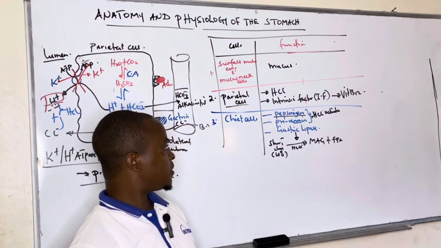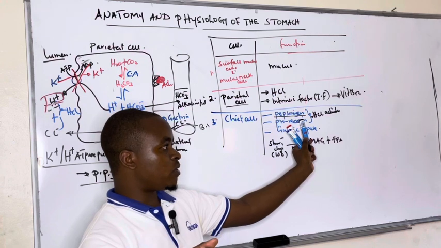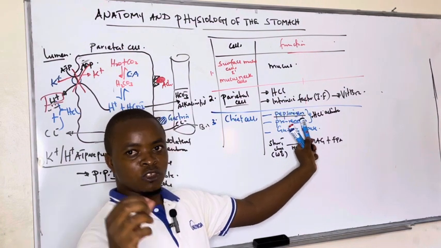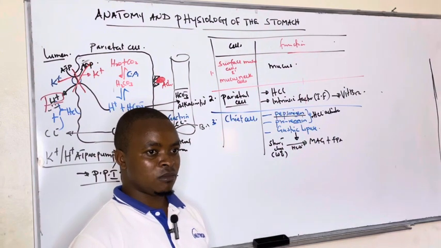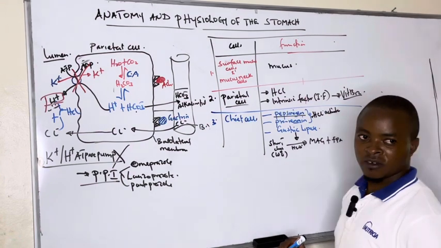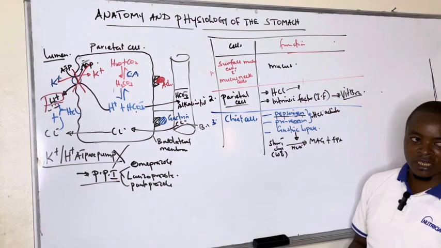That is the use of gastric lipase. Then renin, coagulating milk proteins in children, pepsin, converting long chain polypeptide into small peptide chains. Then we saw also the function of intrinsic factor, but we never talked about the function of hydrochloric acid.